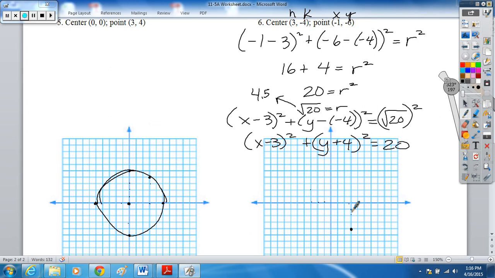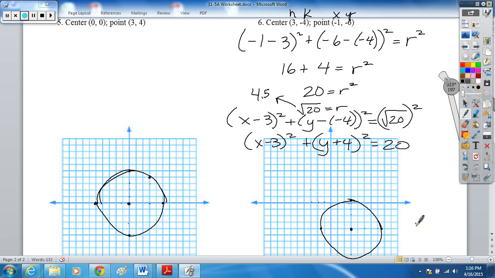So 1, 2, 3, 4.5, in each direction. Okay? And so there you go. There's that circle.